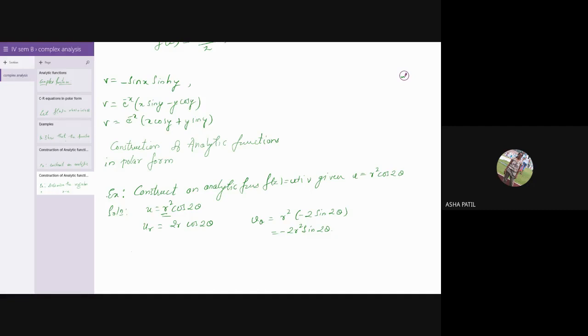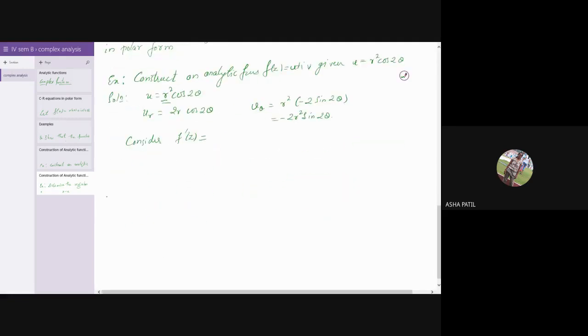Now consider what is f dash z in polar form. E raised to minus i theta, u r plus i v r.